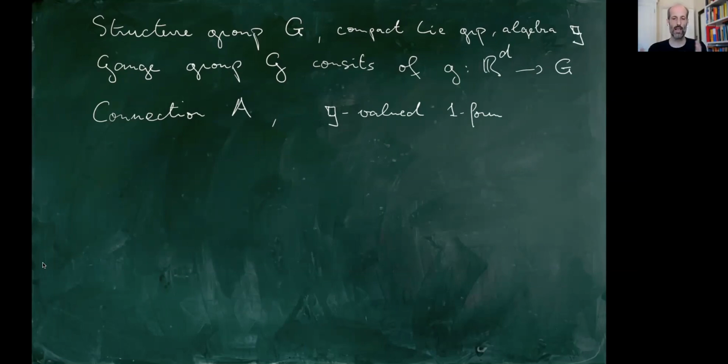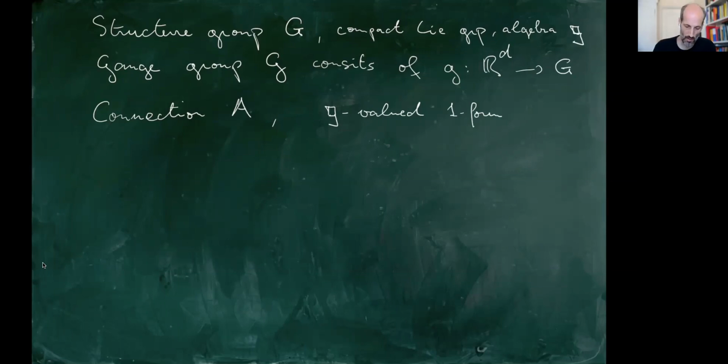And the way we relate the two is we think of continuum space-time as some kind of limit of a grid where you just have nearest neighbor connections. And you think of the element G that's attached to a nearest neighbor edge as being essentially just e to the epsilon a_i at the location of, say, the midpoint of the edge. Okay?